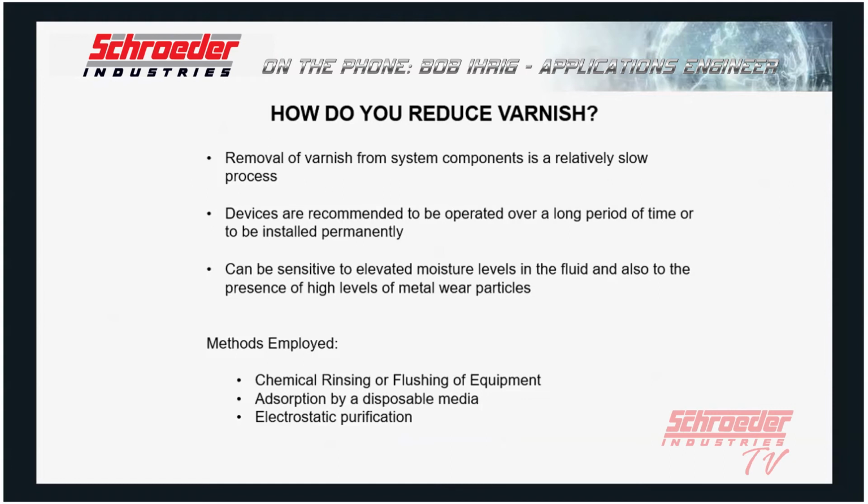There are a few different ways of doing it. The methods that we'll discuss are chemical rinsing and flushing the equipment, adsorption, and, instead of electrostatic purification, because we already talked about that, we'll also discuss mechanical filtration to mitigate varnish issues.